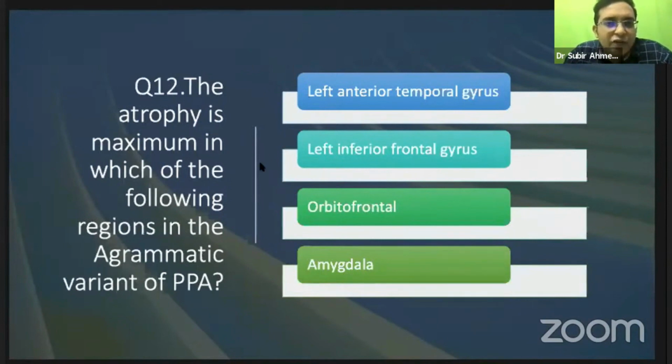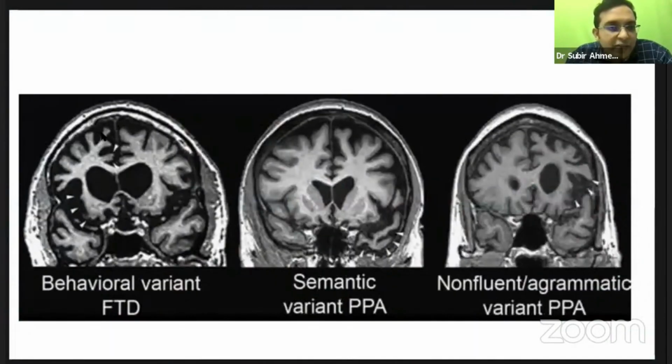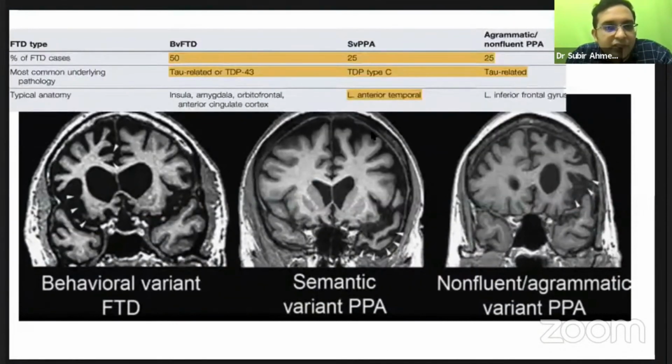So where is the atrophy maximum in this patient? Don't think that it is a tough question. This has been clearly written in Harrison, clearly given with picture as well as explanation regarding where the atrophy is. So in behavioral variant of FTD, there will be severe atrophy of the frontal part. In semantic variant, we have usually the left anterior temporal.